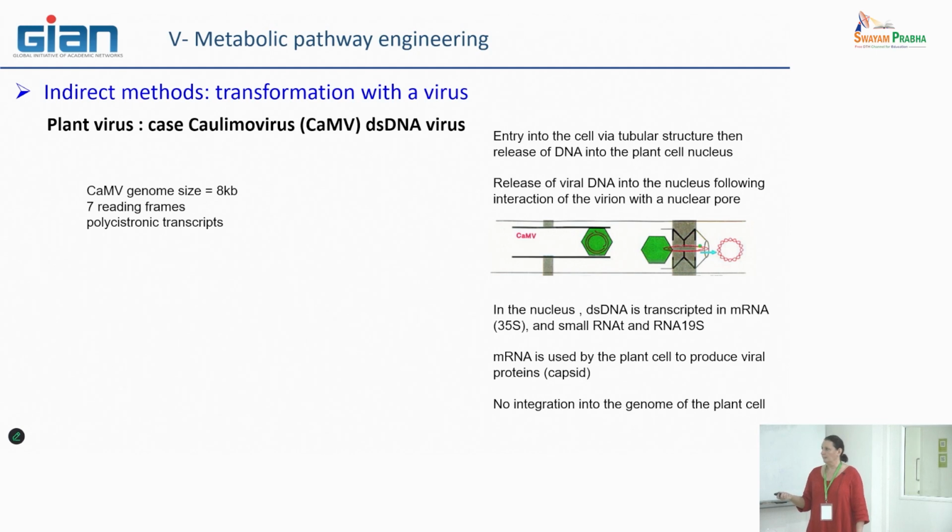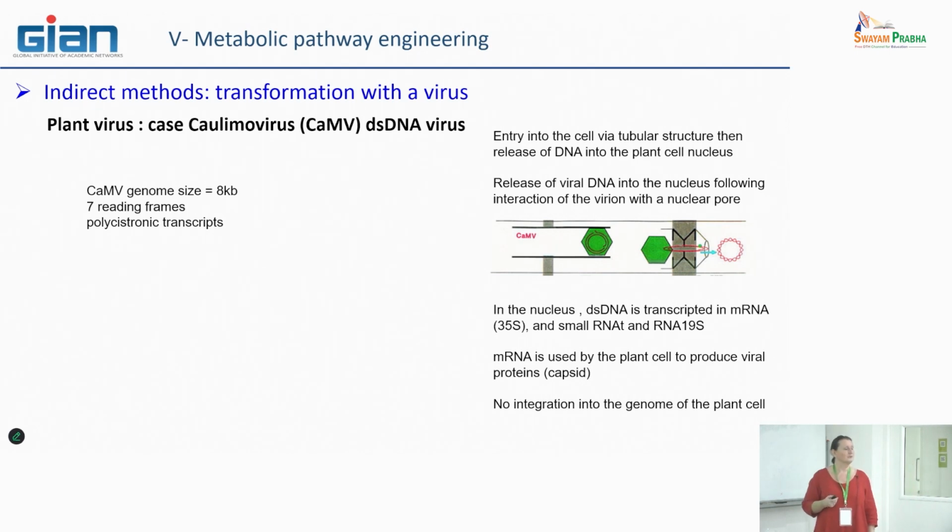What is also interesting is that this virus genome is not integrated in the plant cell genome. So it will be a way to manage transient transformation of plant cells, because this way we are sure that it is not integrated.